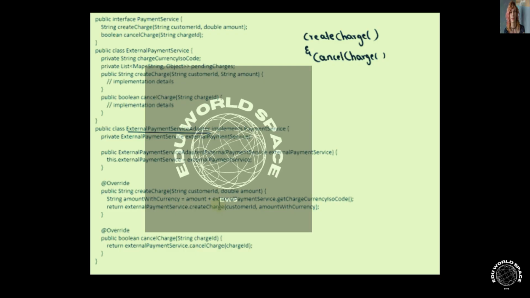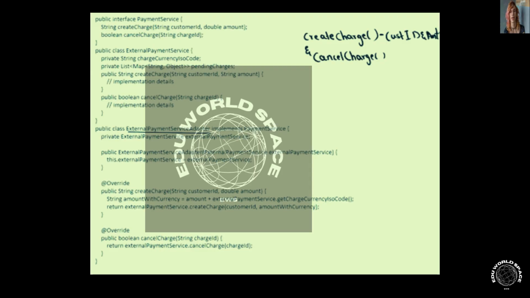So what is this create charge method? The create charge method in the external payment services takes a customer ID and an amount, and it converts the amount to a string with the currency code for the external payment services.